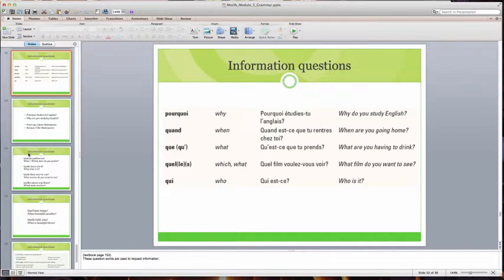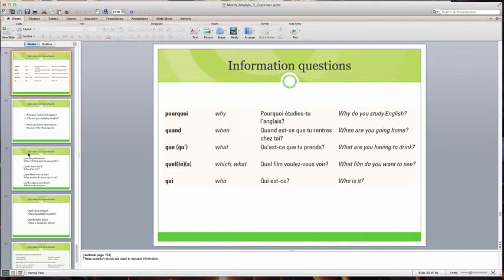Quel is a little different. I'm going to come back to that in just a second. I'm going to skip to qui. Qui is who. Qui est? Who is it? So back up to quel. Quel is actually an adjective. It's an adjective that describes a noun. So when we use quel, we're saying which something or what something.